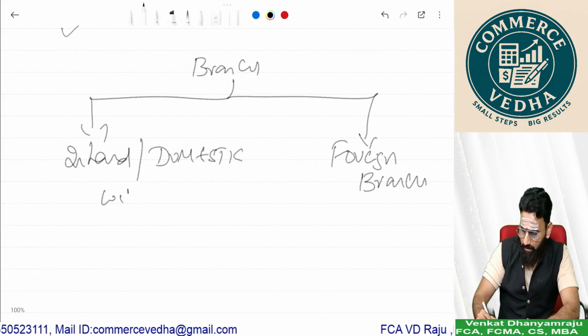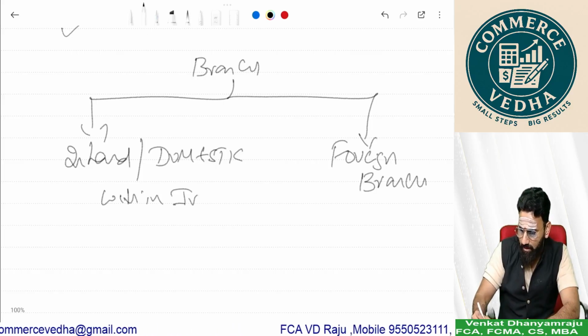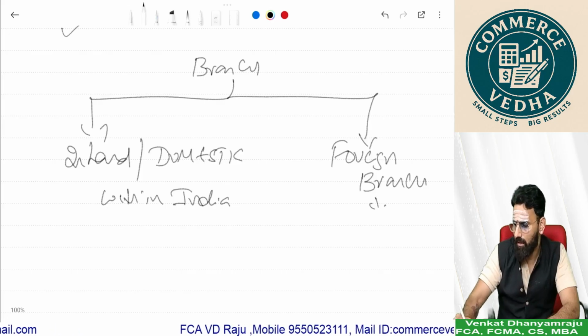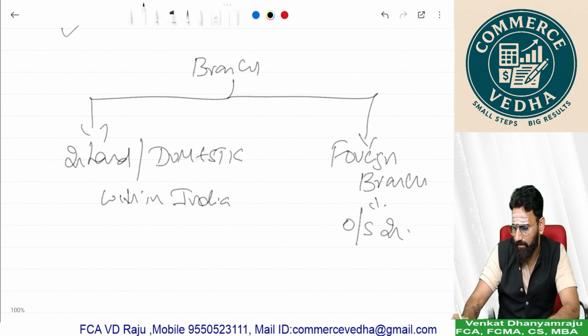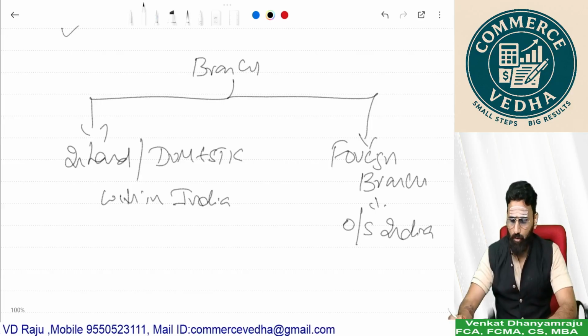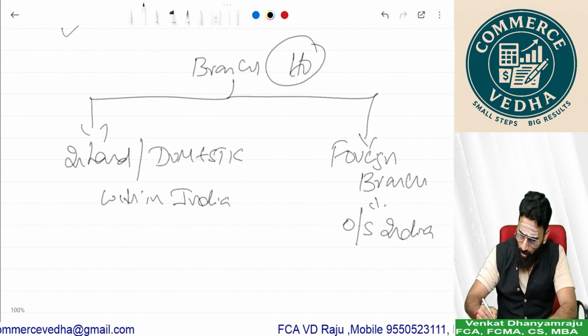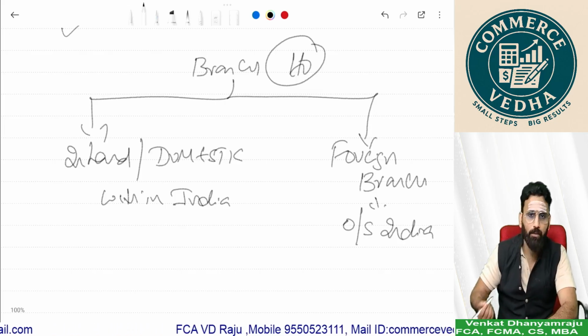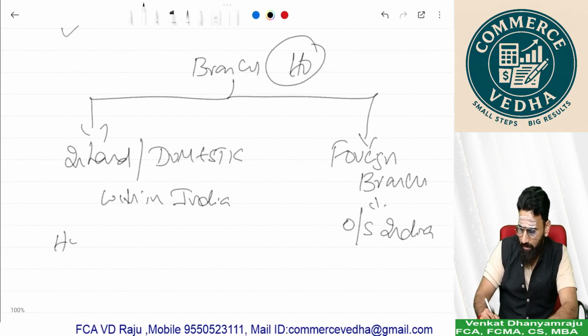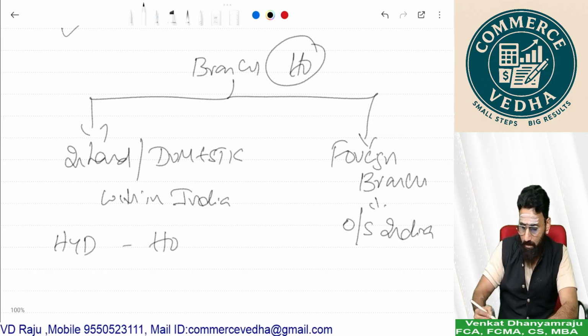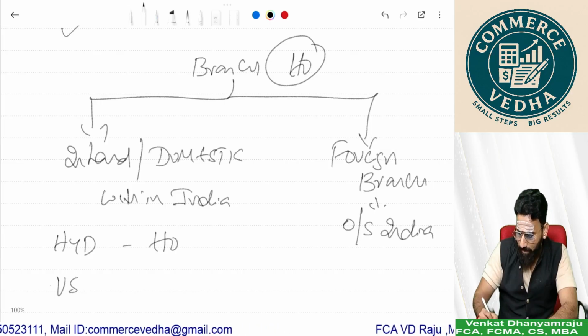Within India, in our terms, it is within India, or outside India. So when the head office is in India and the branch is also in India, it is called an inland branch, like Hyderabad head office and, say, Visakhapatnam branch office.